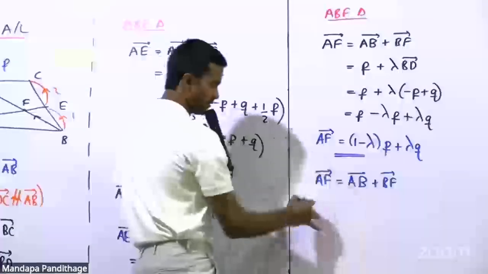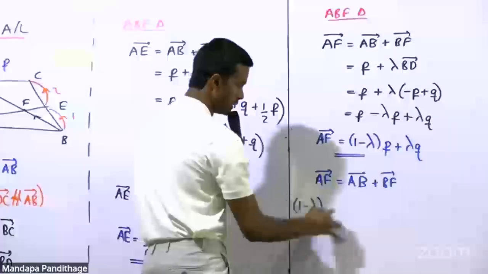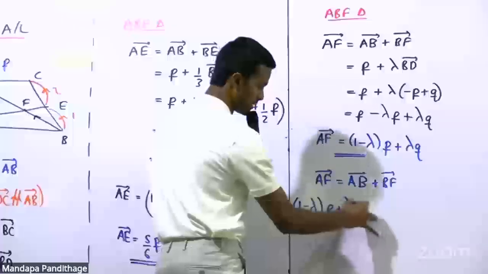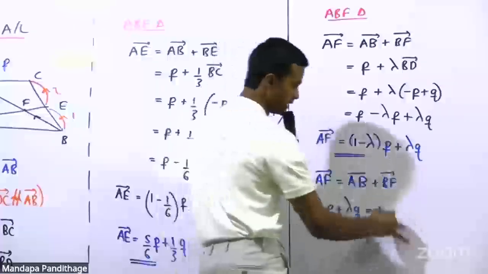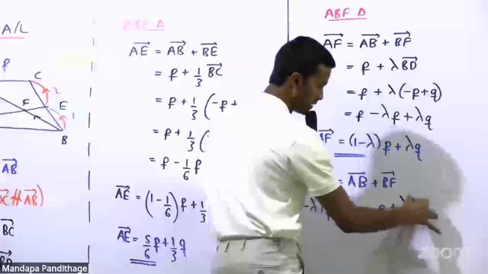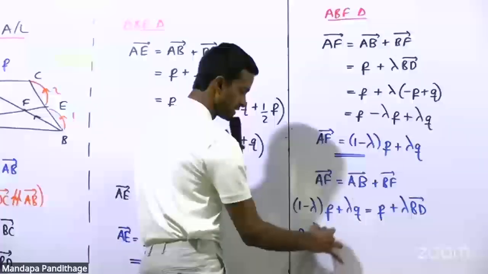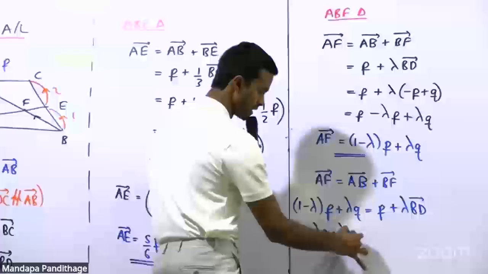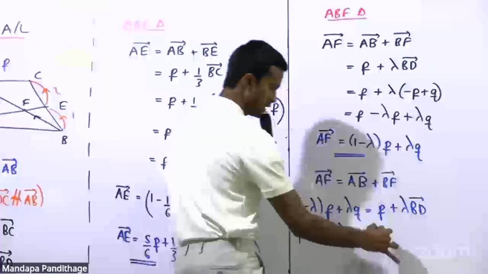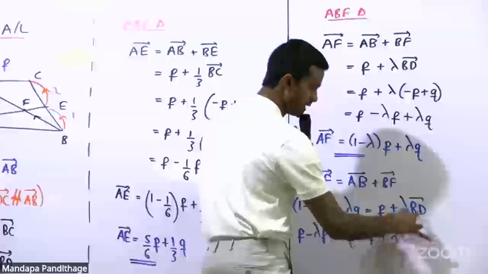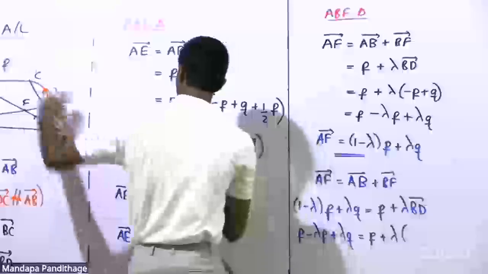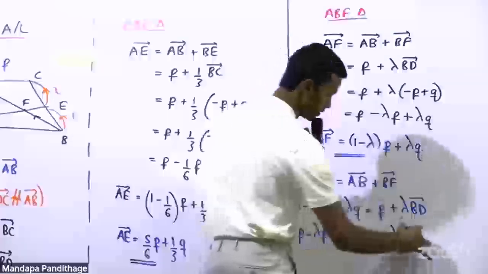What is AF? That is 1 minus lambda P plus lambda Q is equal to AB, which is P, plus BF, which is lambda BD. So P minus lambda P plus lambda Q is equal to P plus lambda times BD. What is BD? BD is minus P plus Q.